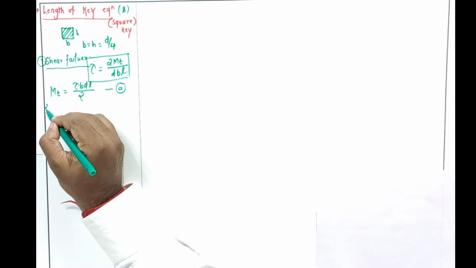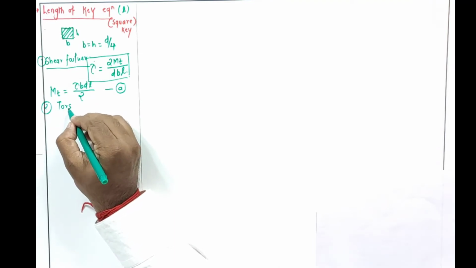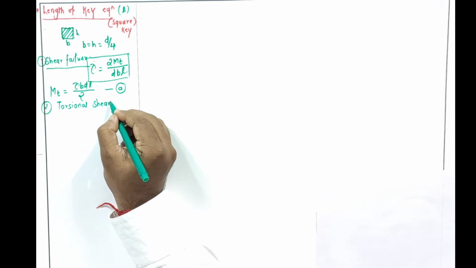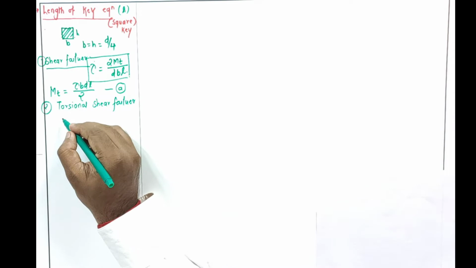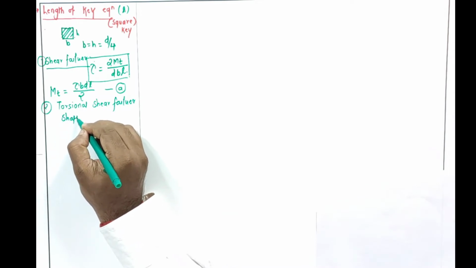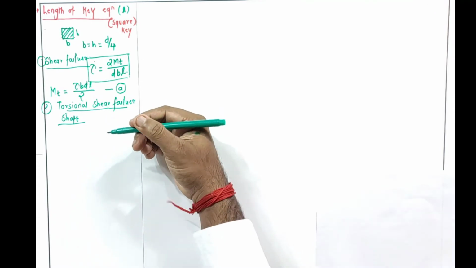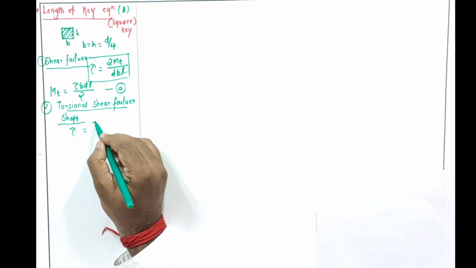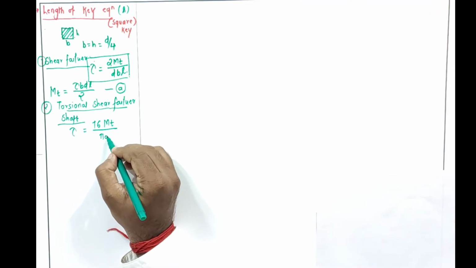Now in case of the second, that is torsional shear stress, the torsional shear stress occurs in the shaft. We have seen the torsional shear stress we can calculate: tau is equal to 16 Mt by pi d cube.